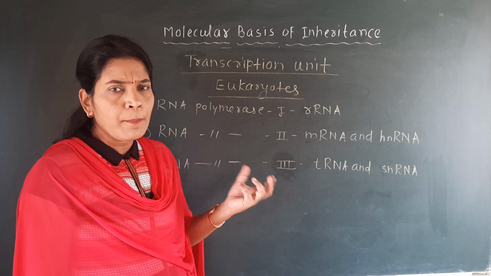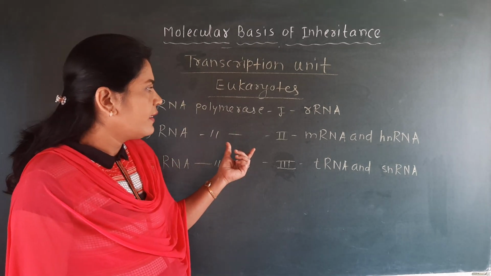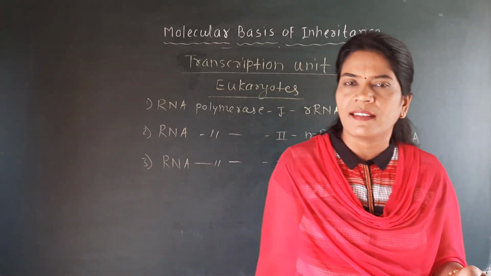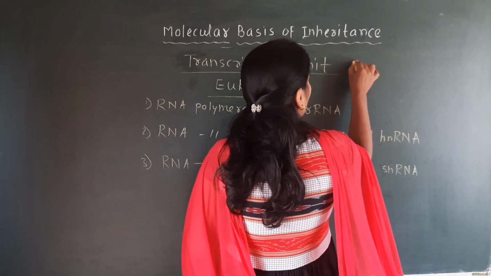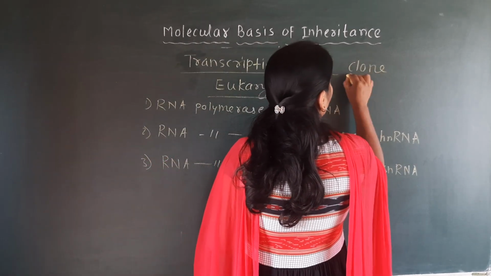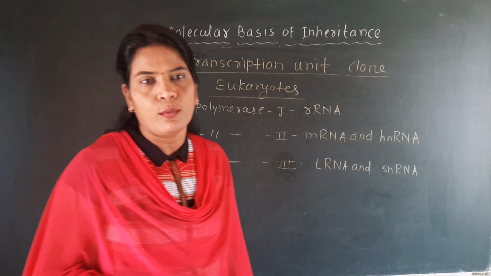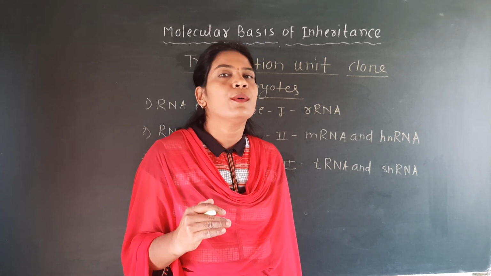Okay, so there is one trick. By this trick we can easily understand these three types of RNA polymerase and which RNA they synthesize. That trick I will write here. All of you know the term clone.